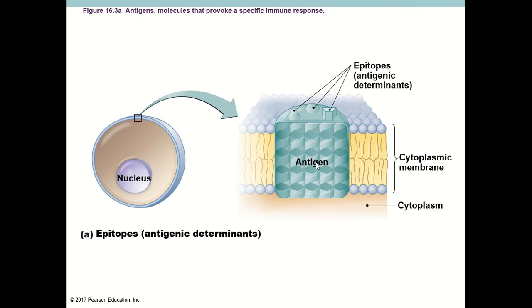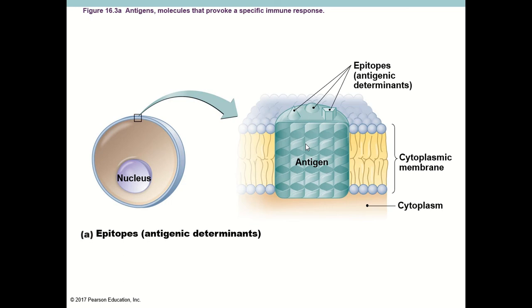Say, for example, that this antigen belonged to a bacteria, then the antibody would bind to the epitopes, and it would either neutralize or opsonize that bacteria right away.